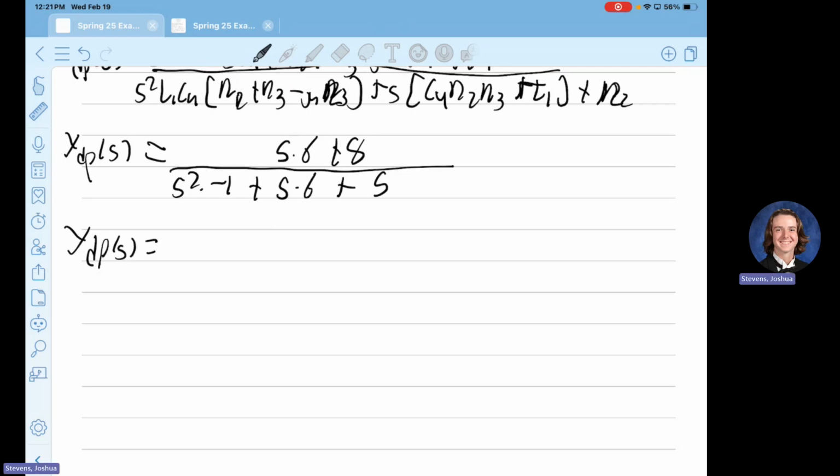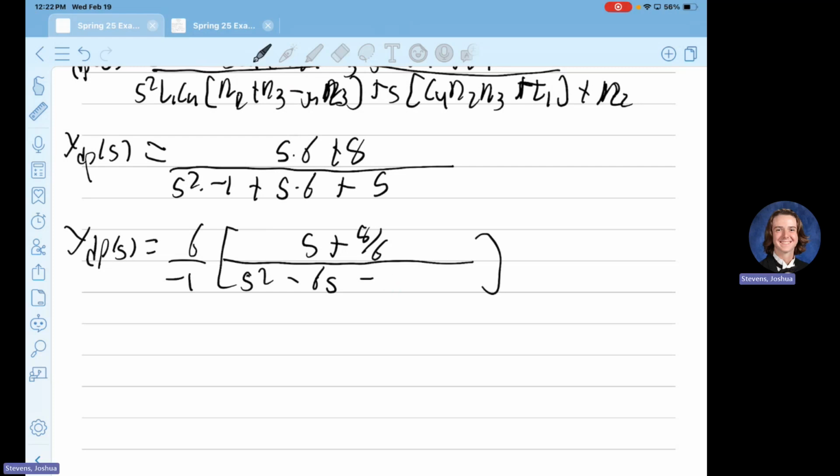We have polynomials with highest forms of S, but they're being multiplied by something that's not just 1. So we need to normalize our polynomials. Up top, we have a 6. And remember, we also want the highest form of S to be positive, so we pull out a negative 1. So it becomes S plus 8 over 6, all over S squared minus 6S minus 5.